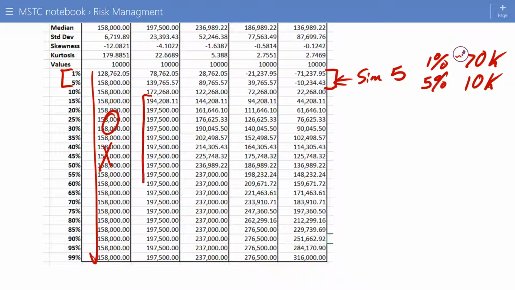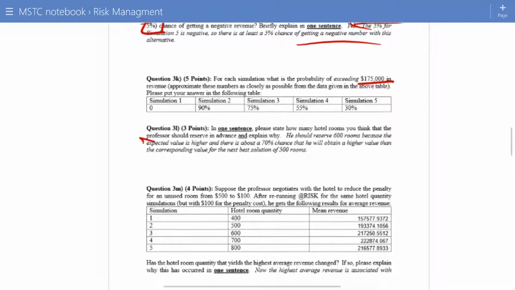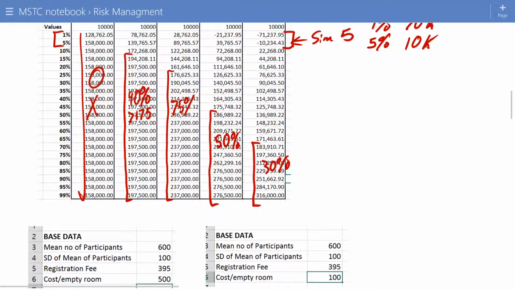In simulation 2, you have a 90% chance of greater than 175. In Sim 3, 75% chance. In simulation 4, you've got 50% chance. And in simulation 5, you've got a 30% chance. And oh, I was off a little bit. 55%. Oopsies, yes, that's 55.